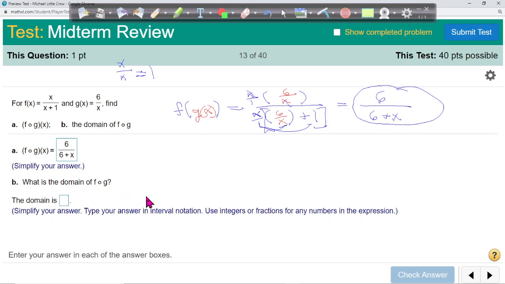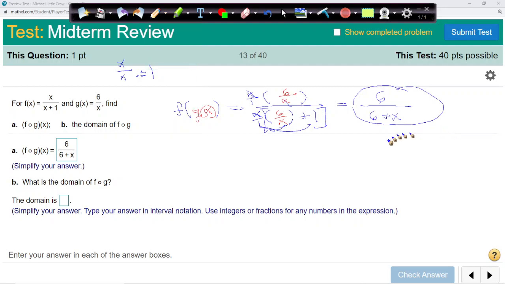So what's the domain? Domain questions with rational functions are about the fact that we can't divide by 0. That's something mathematically we can't do. If we do it, we get infinity, but that's not a number, so that's considered undefined. So we have to take anything out of the denominator.